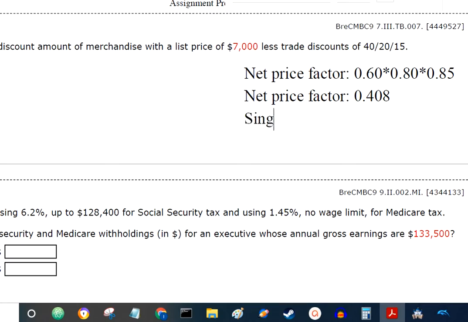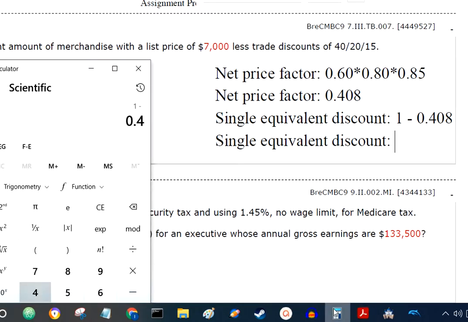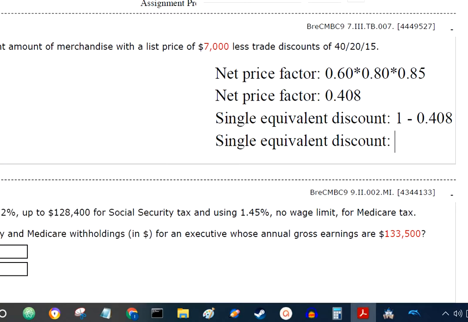So a single equivalent discount, all it is, is 1 minus the net price factor. The single equivalent discount will help us find the trade discount. Okay. If we pay 40.8% of the product price, so if you take that away from 1, in other words, take it away from 100%, that means you're saving 59.2%.